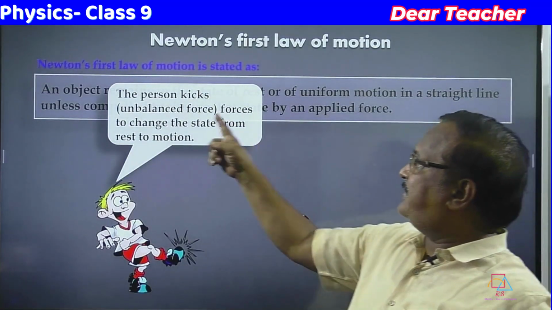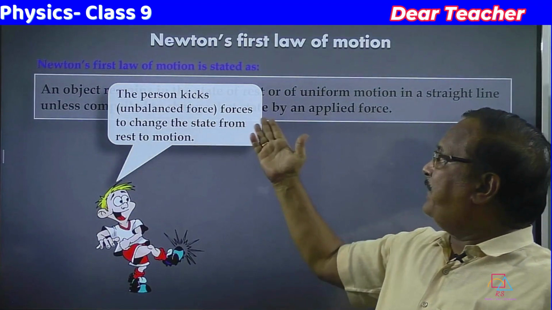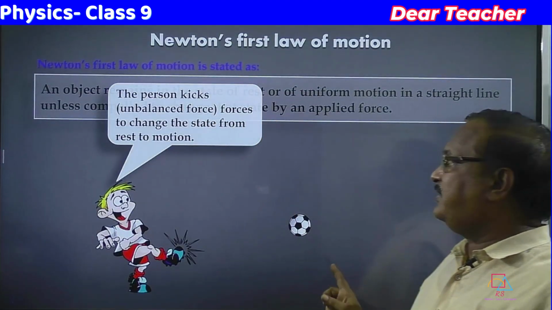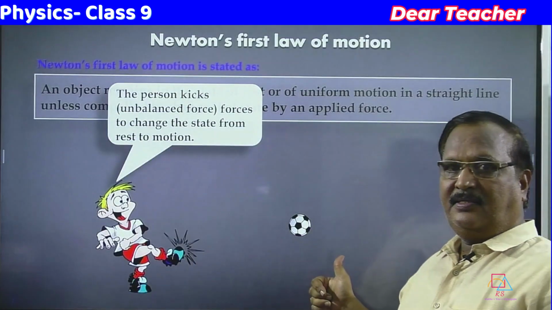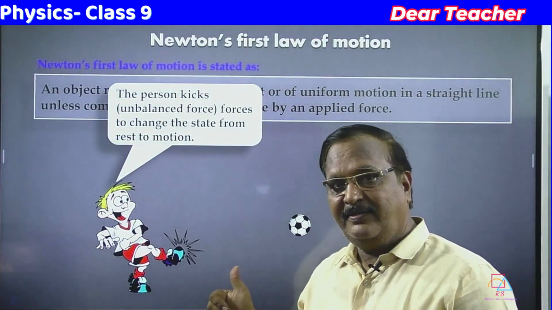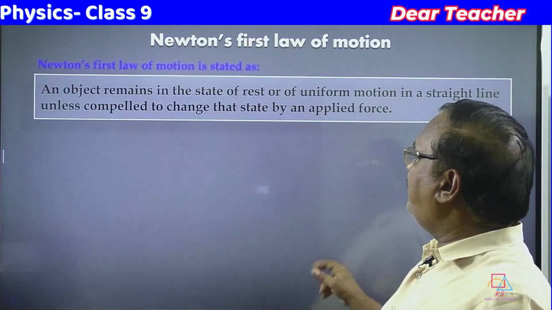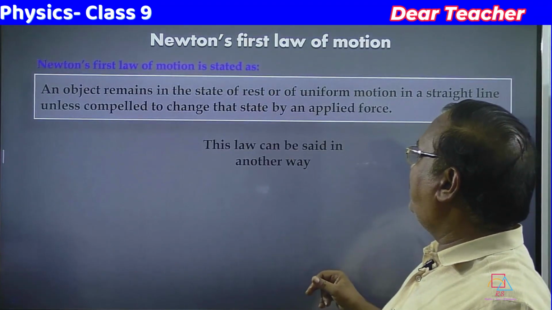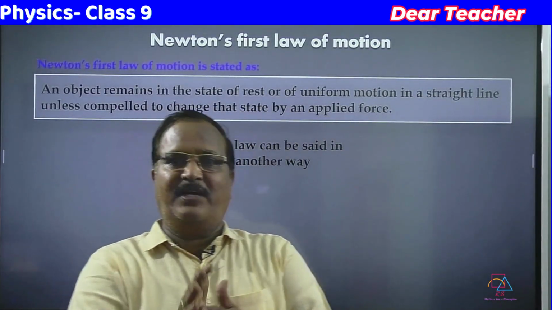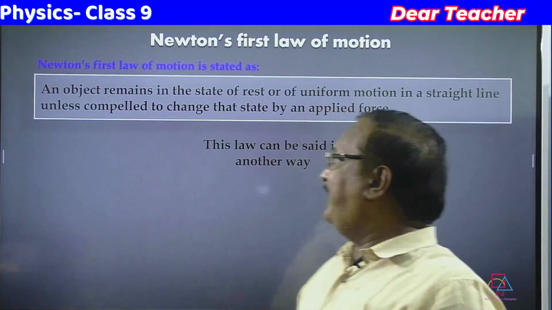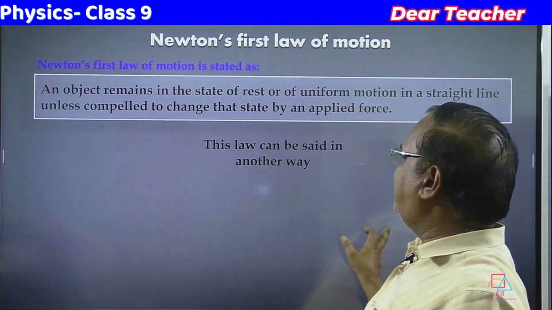Okay, so the person kicks with an unbalanced force to change the state of rest. A force is needed to change the state of a body. So let us have one more example, and because it is explained with the word inertia, this law is also said in another way.